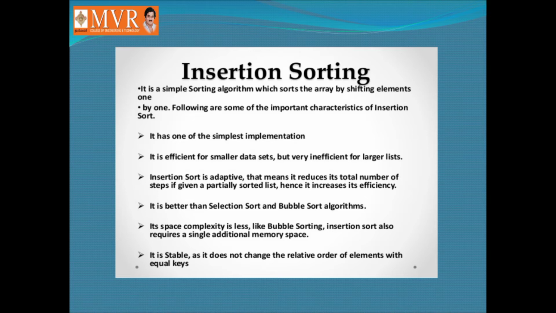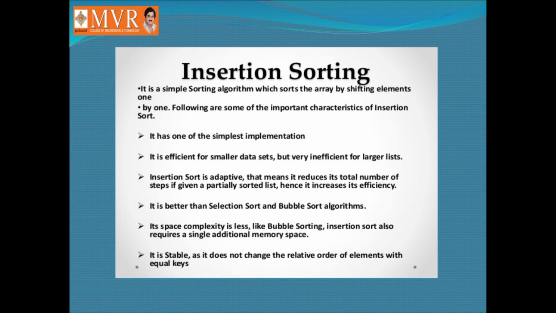What is an external sorting technique? An external sorting technique is one which requires the main memory space and the auxiliary memory to store the data while sorting a list of elements. These are the two types of sorting: one is internal sorting and the other is external sorting.